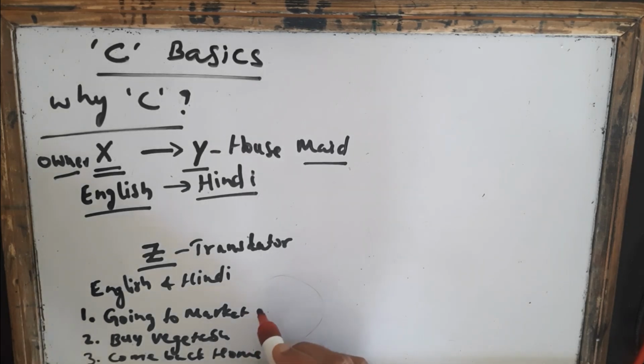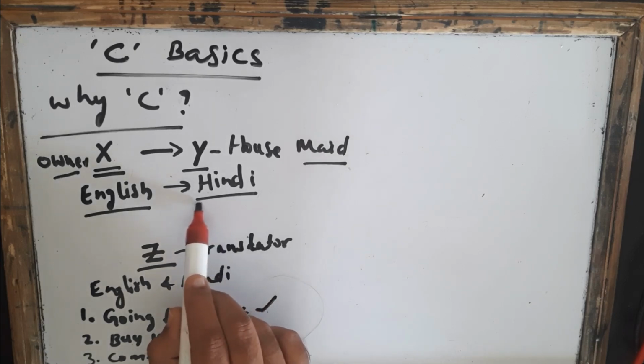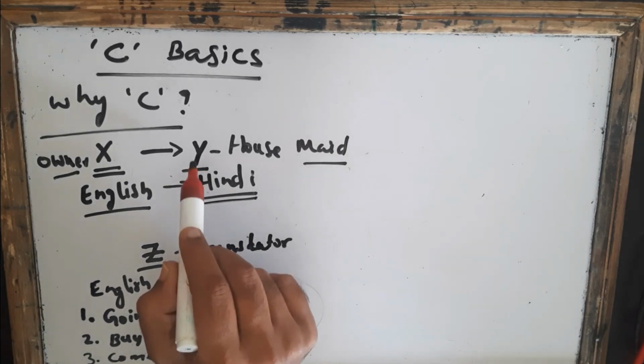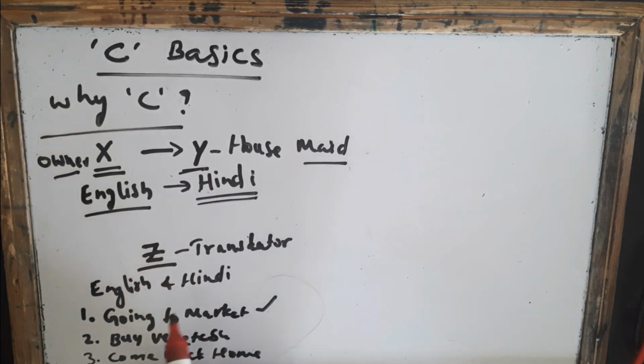He writes all his instructions on how to go to market, and because the guy Y is new to the city, he gives all the instructions to go to market. Then the second set of instructions, what to buy in the market, all the vegetables, and the third, how to come back home.